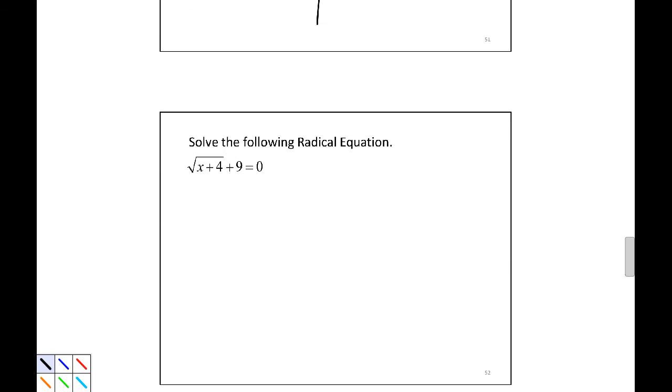For our next example, we first need to isolate the radical. What that means in this context is we want this alone. So we'll subtract 9 so that we have the square root of x plus 4 equals minus 9. Now here's what I mean when I say a square root equals a negative number.